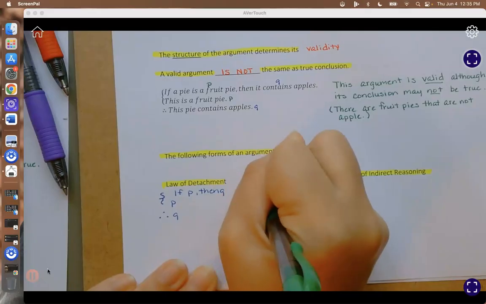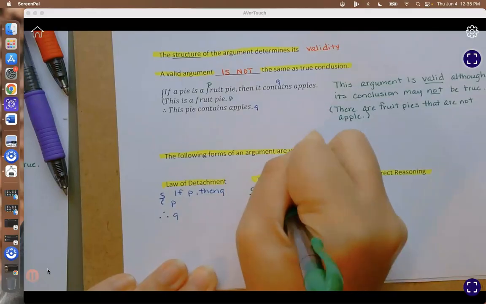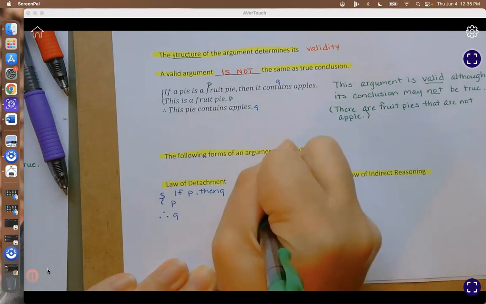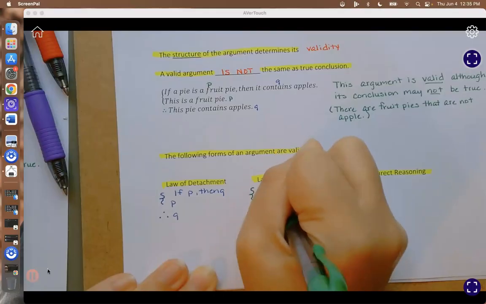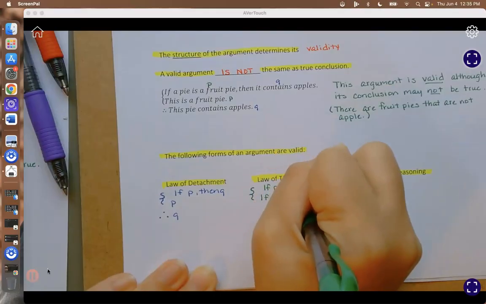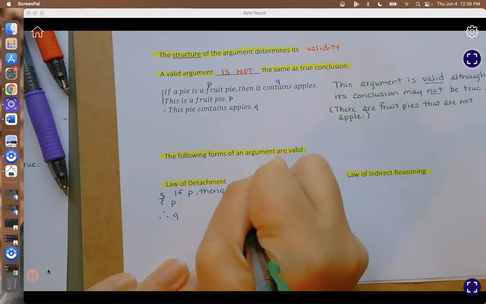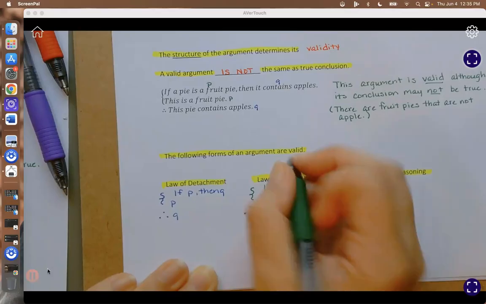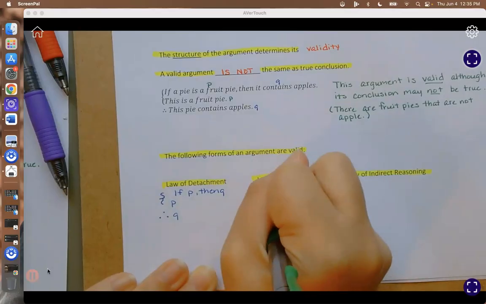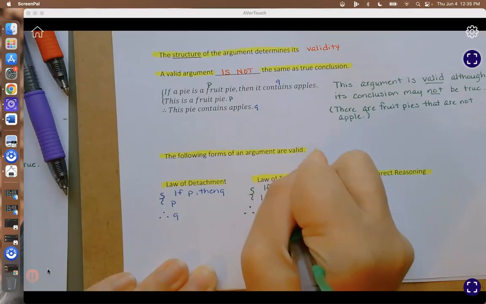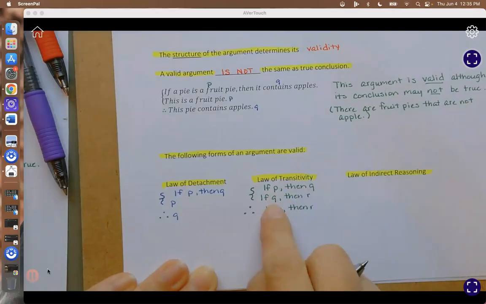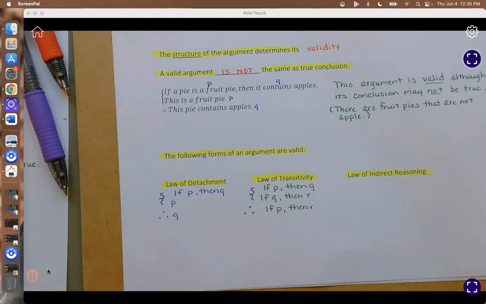So you go, if P, then Q, if Q, then R. So you see how it flows, the chain? So you would put in the conclusion, if P, then R. Because if P is equal to Q and Q goes with R, then P and R can go together. Okay, so that's transitivity.